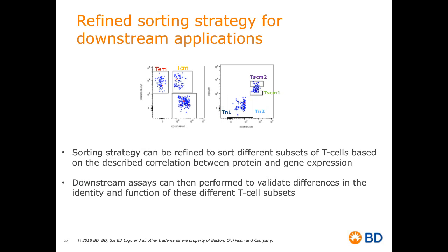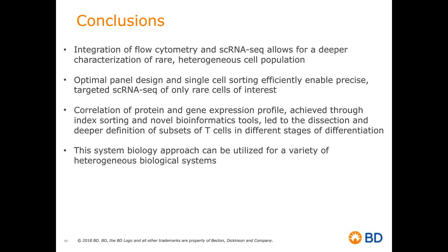In conclusion, what I showed you today is that integration of flow cytometry and single-cell RNA-seq allows for a deeper characterization of rare heterogeneous cell populations. We also show that optimal panel design and single-cell sorting efficiently enable precise, targeted single-cell RNA-seq of only rare cells of interest.